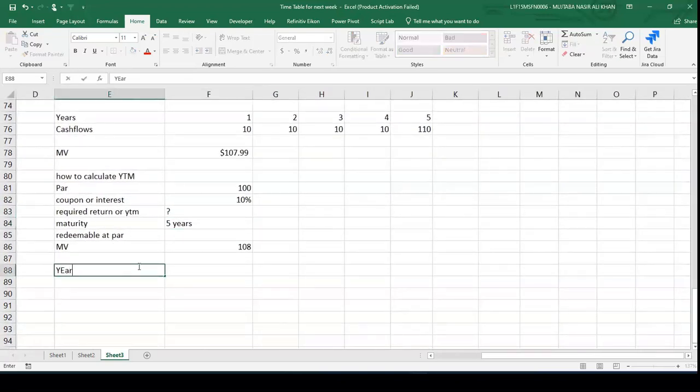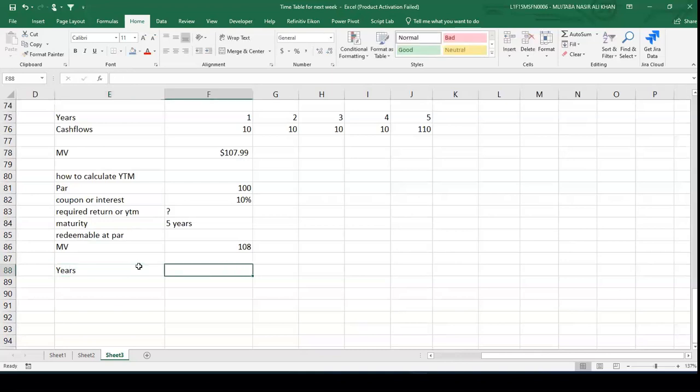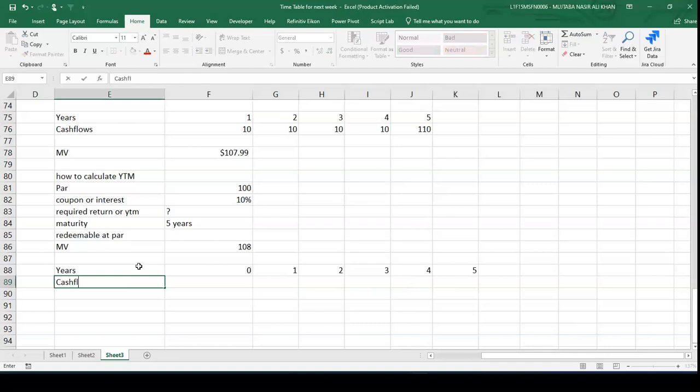First of all, write the years: 0, 1, 2, 3, 4, 5. Write the cash flows. In year 0, the market value will be a negative number.